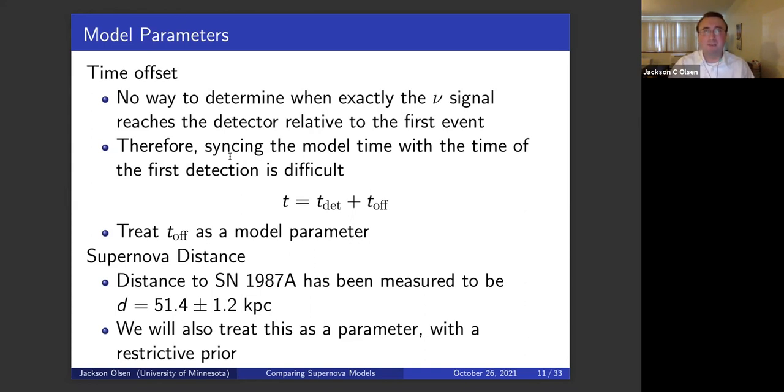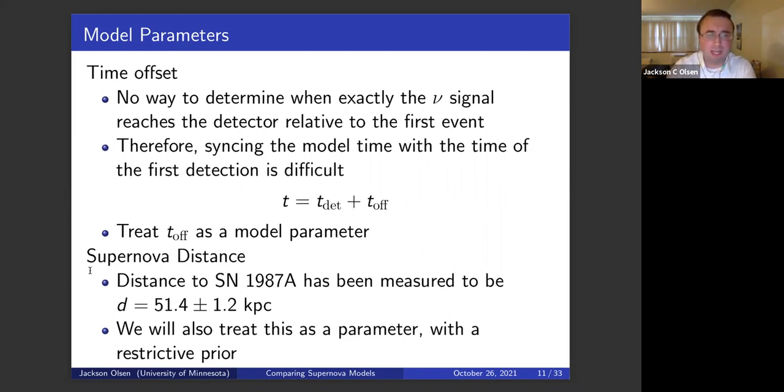We have to pick on our model curve where the first event happens, and there's no way to measure that. So I'm going to introduce a parameter that I'm calling the time offset, and we'll fit this the way we would any model parameter. And this will account for that difficulty.